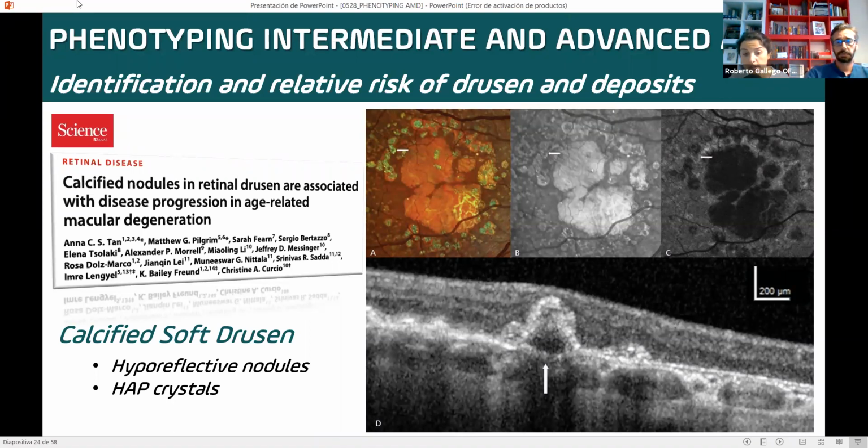So there are different names, and what we see is just an atrophy of the RPE due to this calcification, and the prognosis is really bad because we have multifocal areas of atrophy that become confluent, as we see in the image above. So it's not a sign that we want to see in our patients.